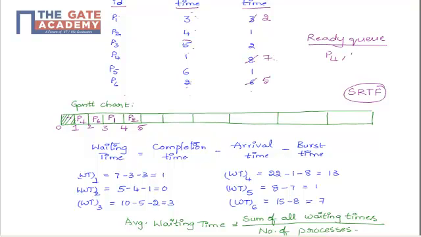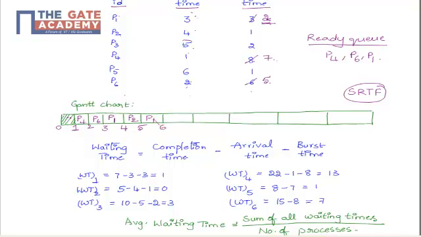For this, the ready queue sequence will be like this. But now, if you see the burst times of the remaining processes, process P1 has less time. So process P1 will execute here at 6.